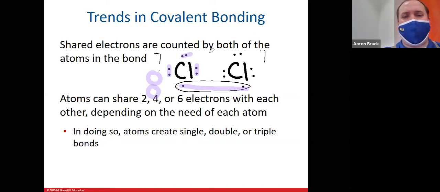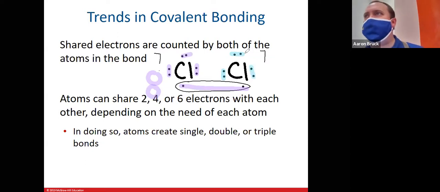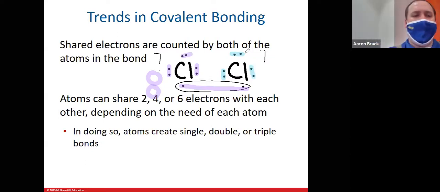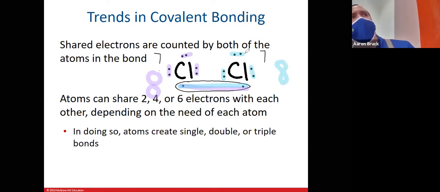This chlorine on the right has its 6 unshared electrons plus the 2 electrons that it is sharing for, again, a total of 8. So sharing electrons means that those electrons in that covalent bond count for the octets of both of the atoms.